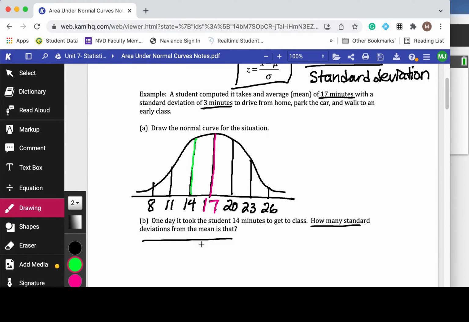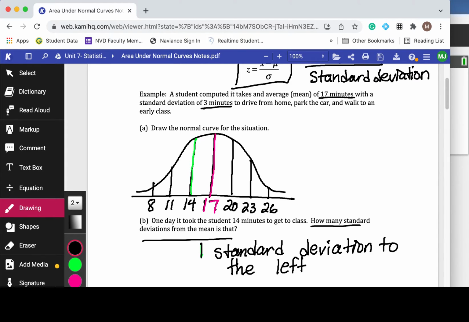So it's 1 standard deviation to the left. Another way we could say that is -1 standard deviations.